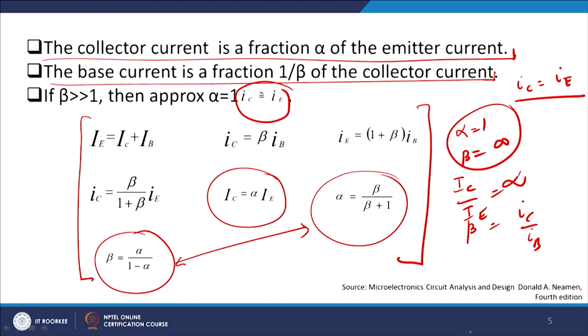I just wanted to make one small important observation before we move forward. There is a difference between capital I and small i. Capital I primarily refers to a DC current. Whenever you have DC currents or DC biases, we refer to this as capital I, and small i is generally used when you have AC currents.